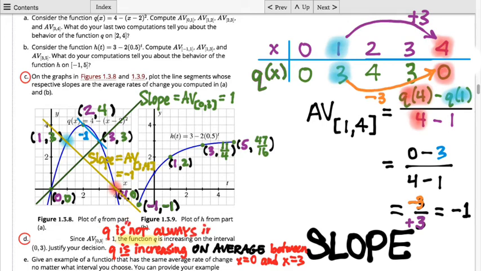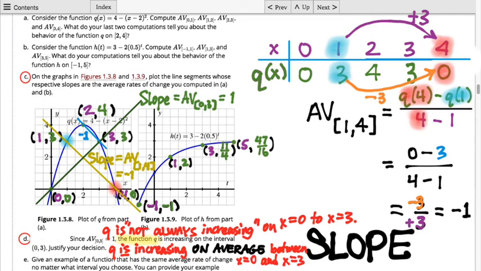Not always increasing on the interval from x equals 0 to x equals 3. Right? Because there's this place where, in fact, the average rate of change is negative between these 2 points. And so the function is, on average, decreasing between x equals 2 and x equals 3.